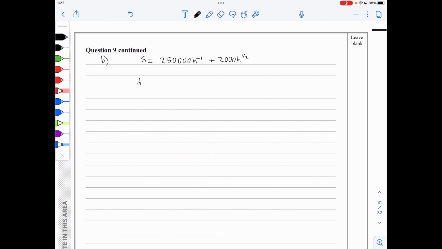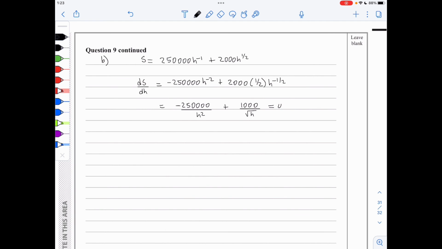So dS/dh is minus 250,000 h to the minus 2 plus 2,000 times a half h to the minus a half. Remember that we're taking the power down, deducting 1 from the power. So this leads to minus 250,000 over h squared plus 1,000 over root of h.